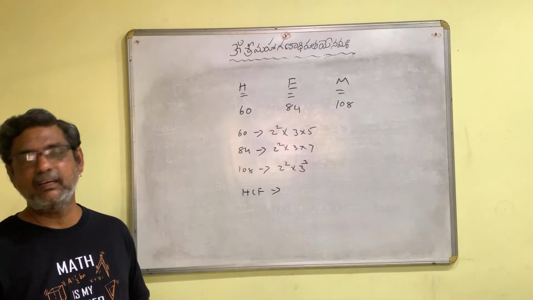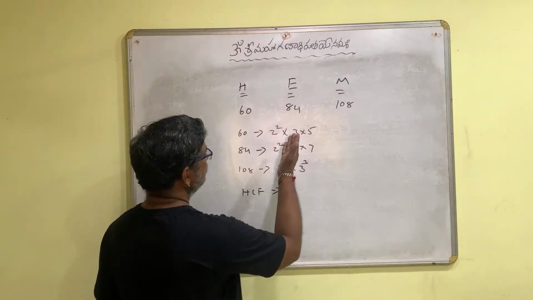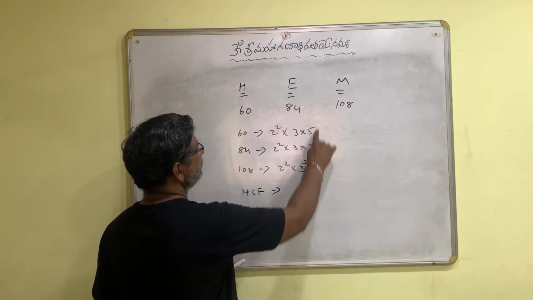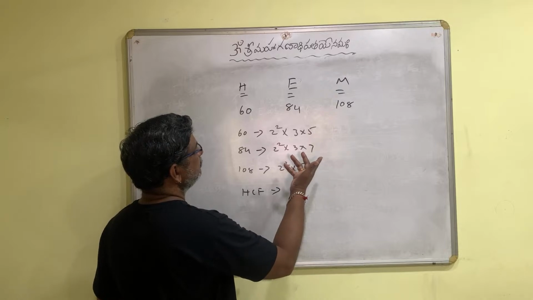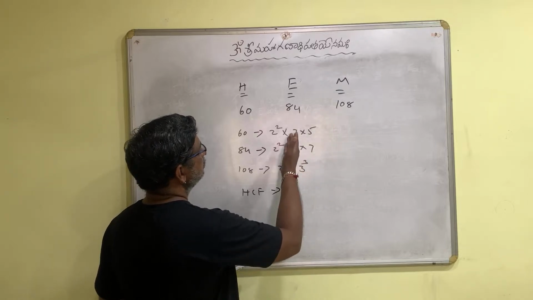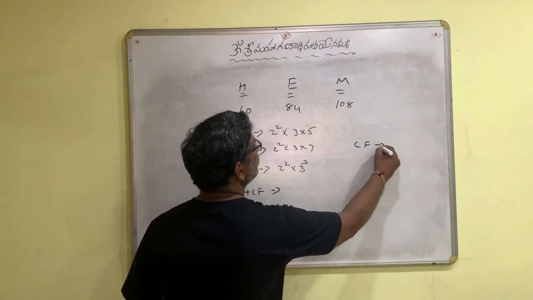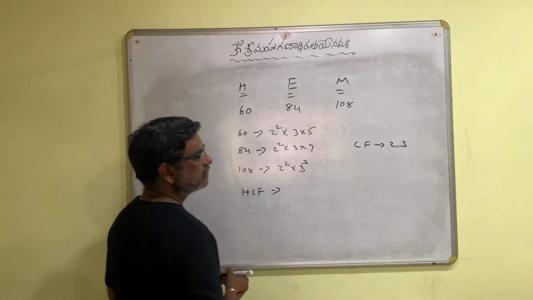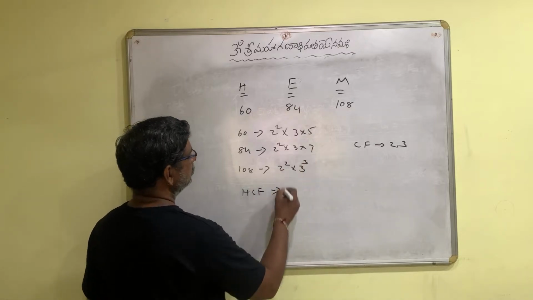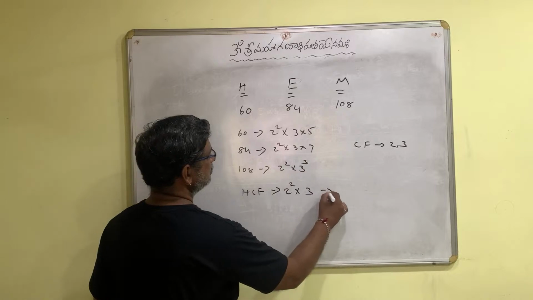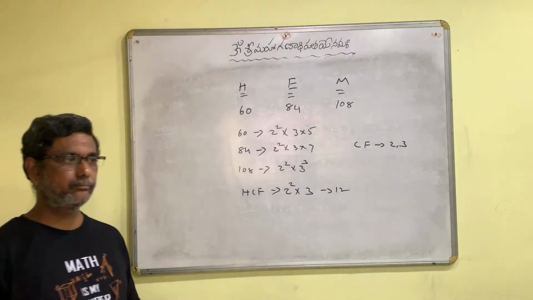So the common factors in all three prime factorizations are 2 and 3 only. Least power for 2 is 2 square. Least power for 3 is 3. So, 12.